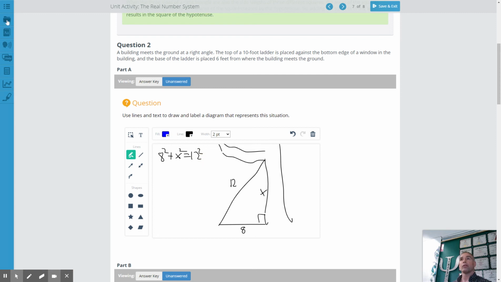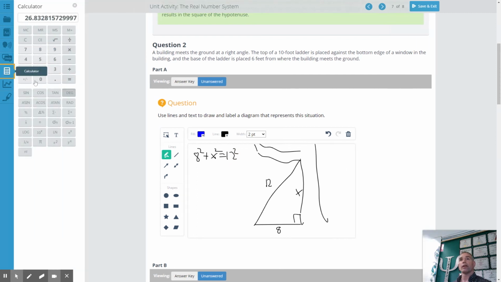We can use the calculator to figure out some of these calculations. 8 squared is 64, that's 8 times 8, plus x squared, is equal to 12 squared. 12 times 12 is 144. If you're not aware of that, you can use your calculators for that.